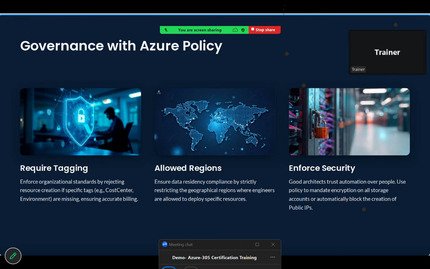If the requirement is that resources are only allowed in East US or West Europe, the answer is also Azure policy. The tech mindset says: good architects don't trust people, they trust automation and use Azure policy.